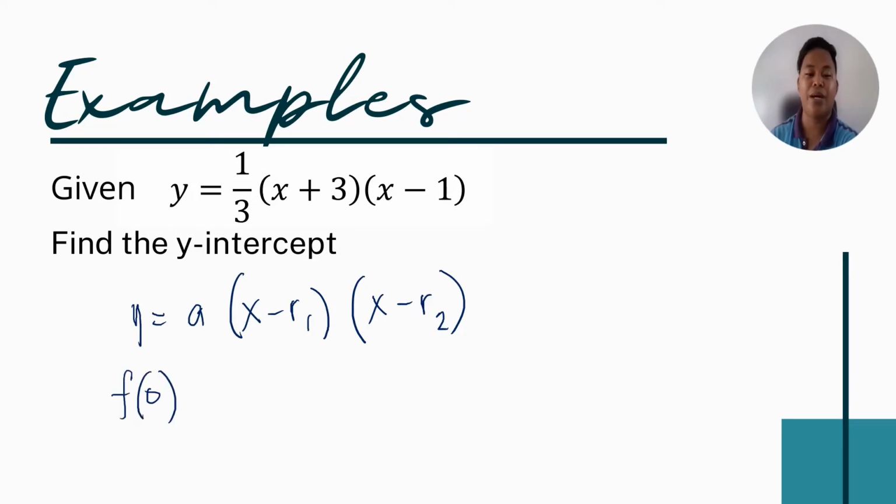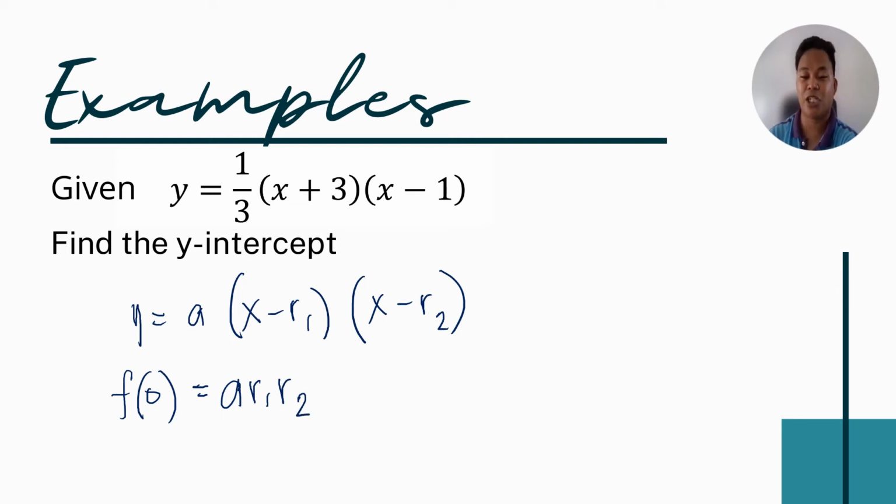We're going to let x equal to 0. Then, the value of the y-intercept is equal to the product of a times r sub 1, r sub 2.